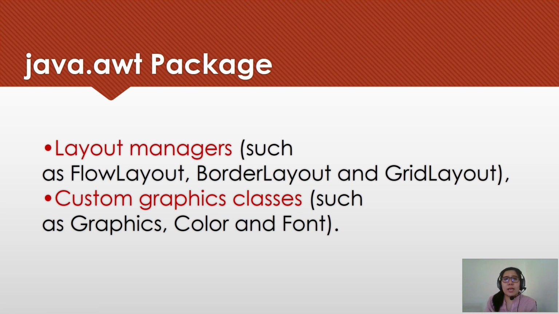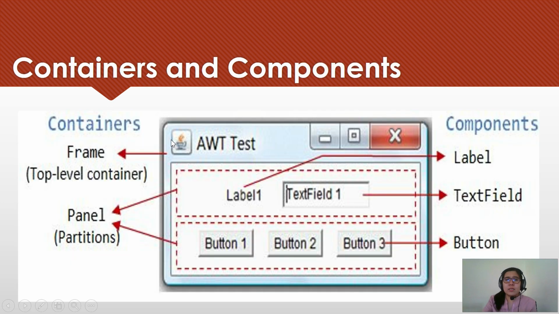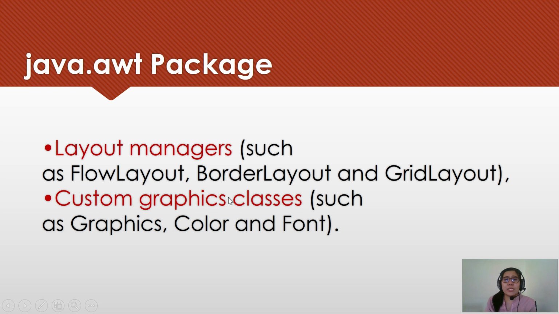But for these layout managers, we'll discuss this later on as we go on with the topic. For the meantime, we'll focus first on the layouting of components and containers. And flow layout will be our layout manager. We also have custom graphics classes such as graphics, colors, and font.